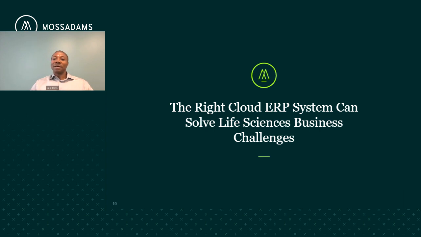Companies that invent and deliver life-altering therapies and drugs need robust technology systems that can help them advance through the various phases of their business life cycle. So now let's discuss how the right cloud ERP system can help life science companies solve these system challenges.